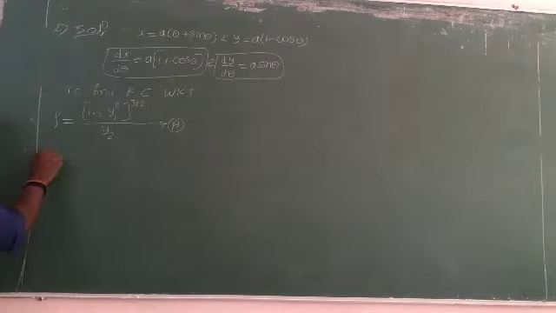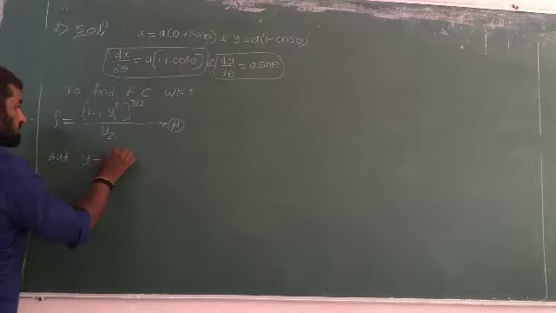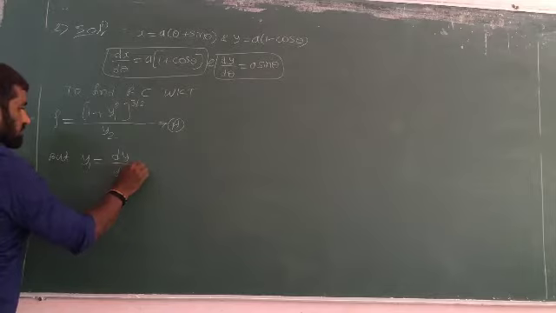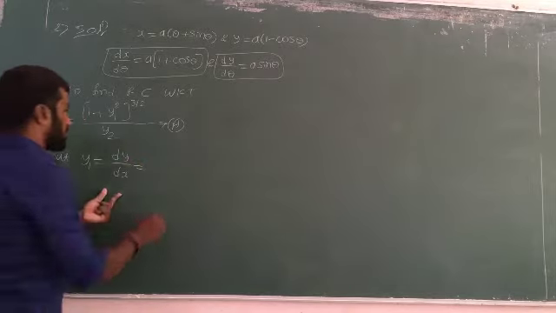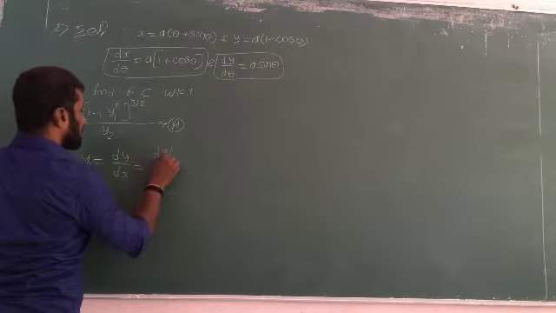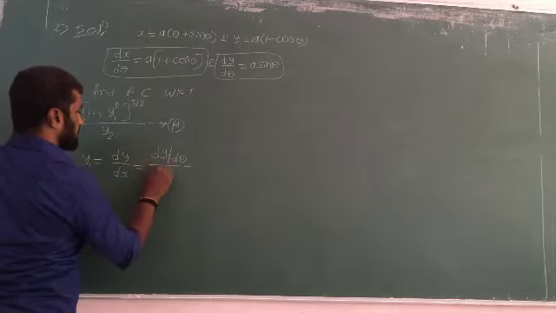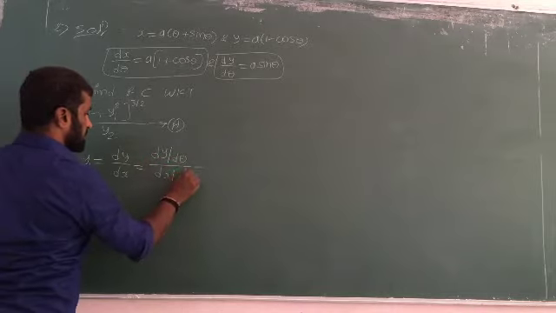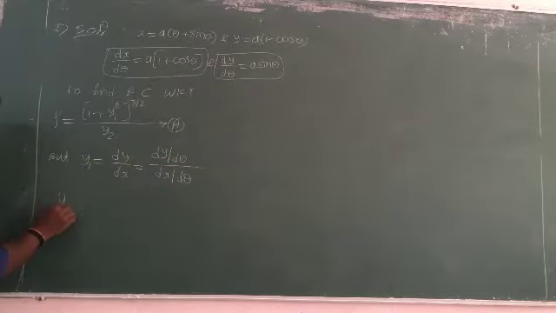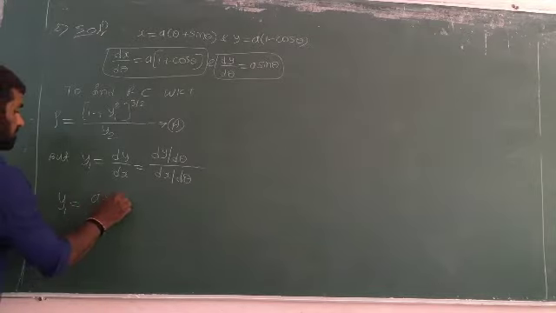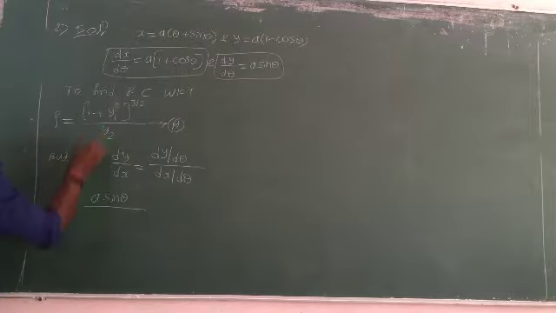So y1, which is dy by dx, can be written as dy by d theta divided by dx by d theta. So y1 is equal to a sin theta divided by a of (1 plus cos theta).